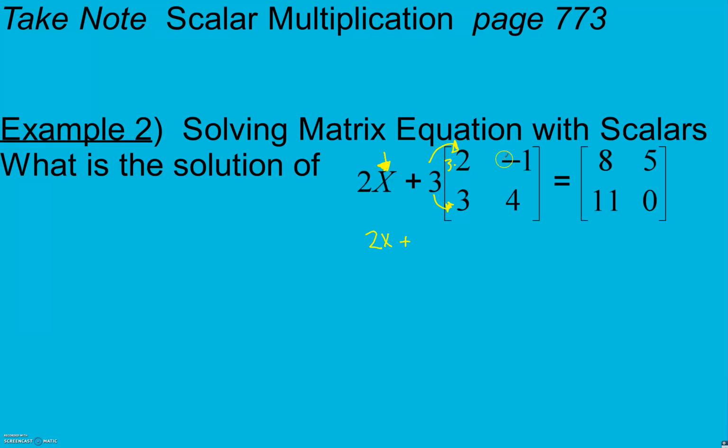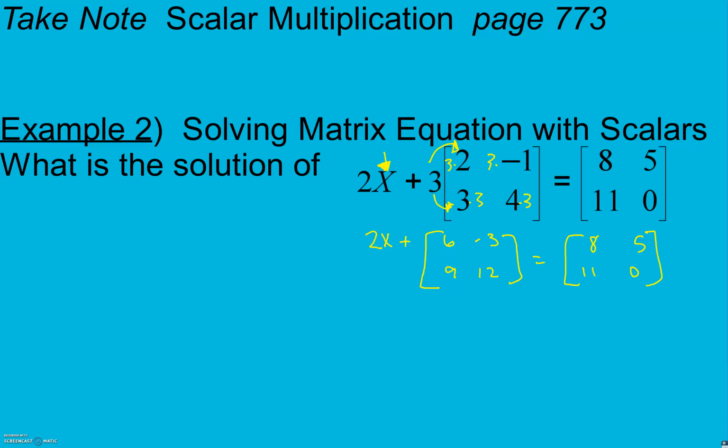So 3 times 2, 3 times negative 1, 3 times 3, 4 times 3. And I'm just going to rewrite this matrix. I'm going to have 6, negative 3, 9, 12. Just distributed in the scalar 3 to each element.